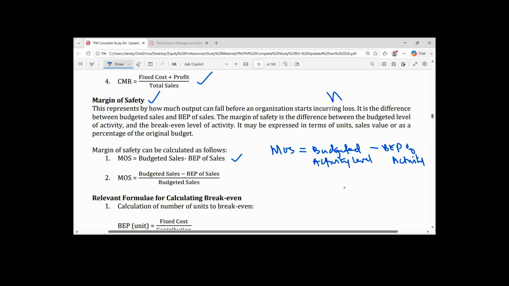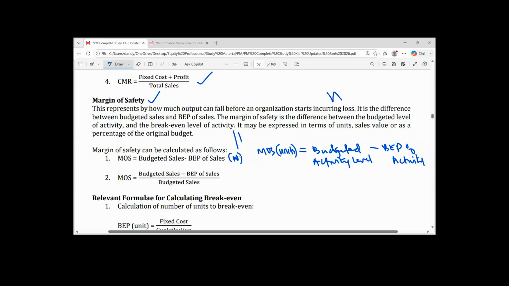That will give you margin of safety. This MOS will be in units. The other one will be in Naira.